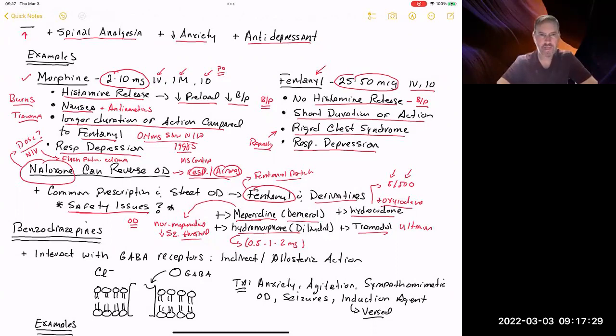And oftentimes, because naloxone has a fairly short half-life, its duration of action is often shorter than the duration of action of the opioid. And so it is fairly common that we need to do repeat dosing of naloxone. That's not a problem.